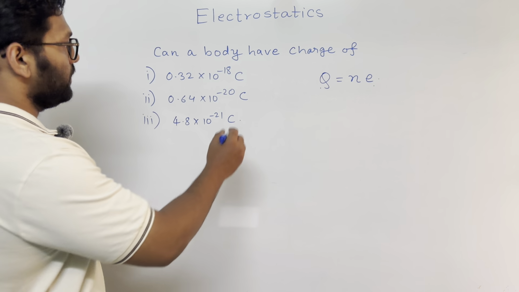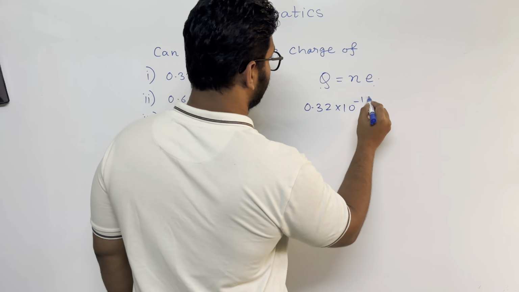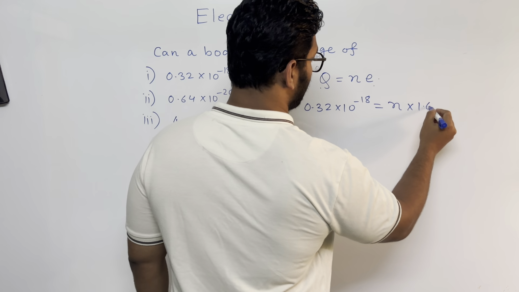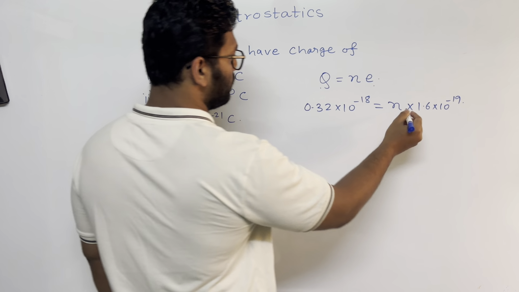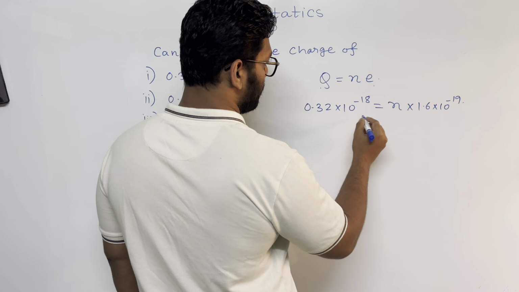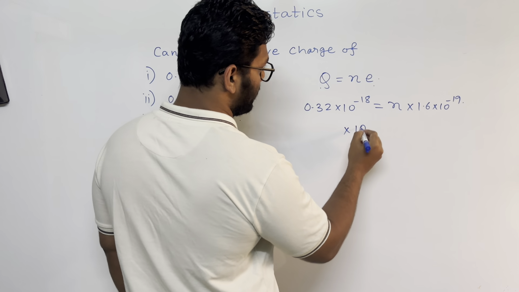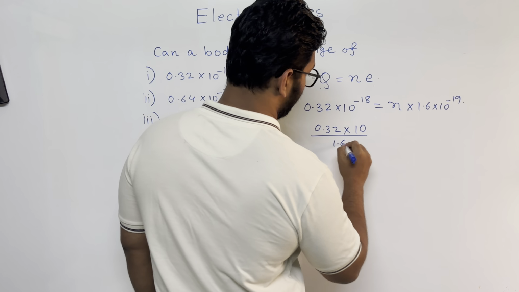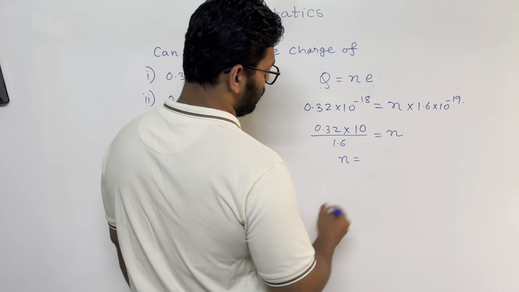So here we will see Q is 0.32 into 10 to the power minus 18 is equal to N, the number, into 1.6 into 10 raised to minus 19, right? If I divide by 10 to the power minus 19, it will be 10. 0.32 divided by 1.6 is equal to N. So N is equal to 2, right?